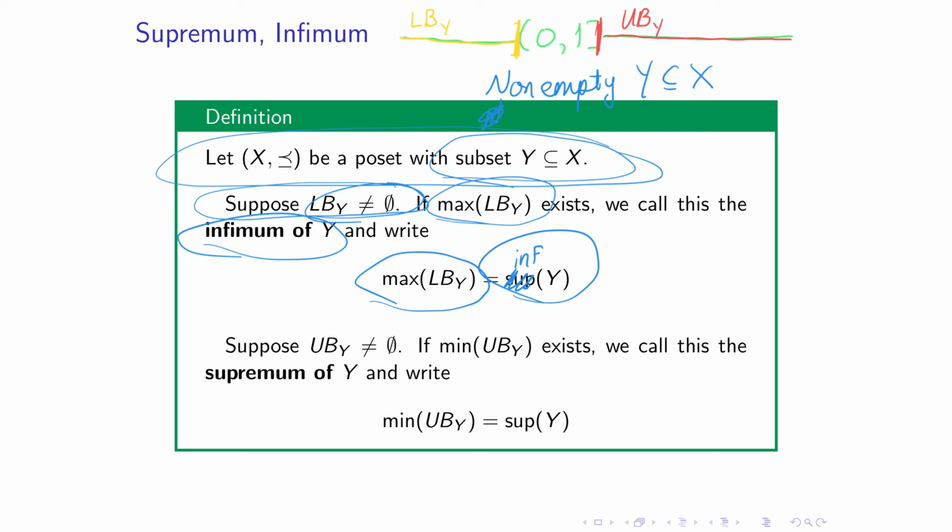And the best possible choice of upper bound is this minimum. This set does have a minimum. That minimum is the number 1.